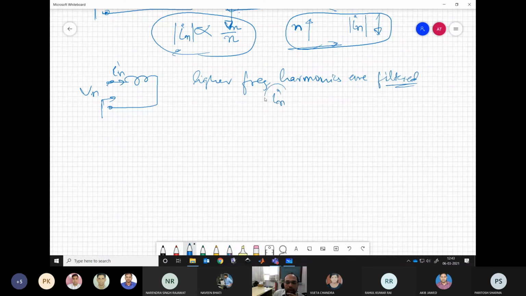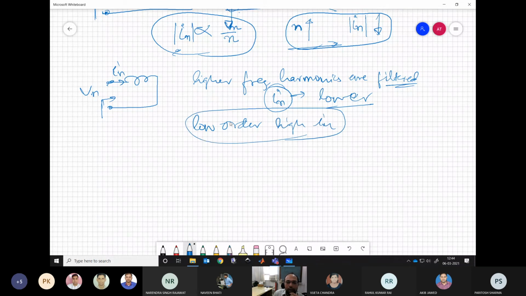Filtered means the corresponding current value is lower. Comparatively, when we have a low order harmonic, we will have a high In compared to the higher frequency harmonic. So this is what we do.